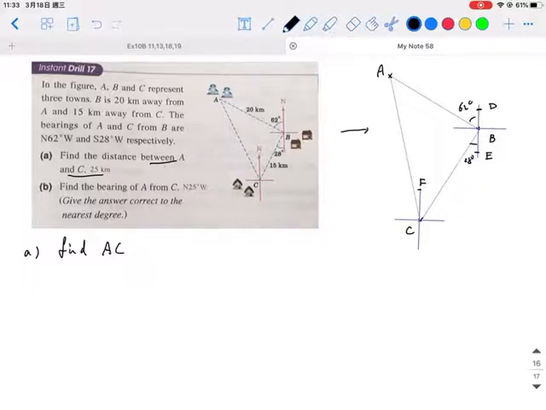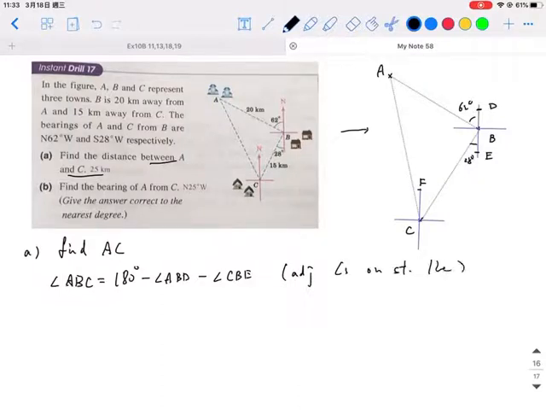So what you need to do is try to express this as a right angle first. So angle ABC is equal to 180 degrees minus angle ABD minus angle CBE, which is adjacent angles on a straight line. Therefore, ABC is equal to 90 degrees.